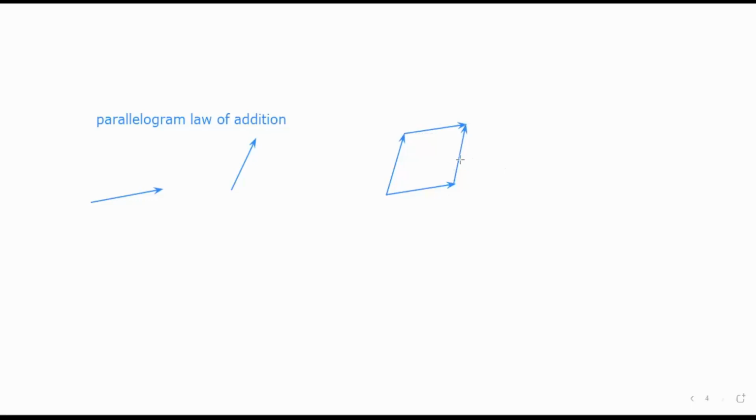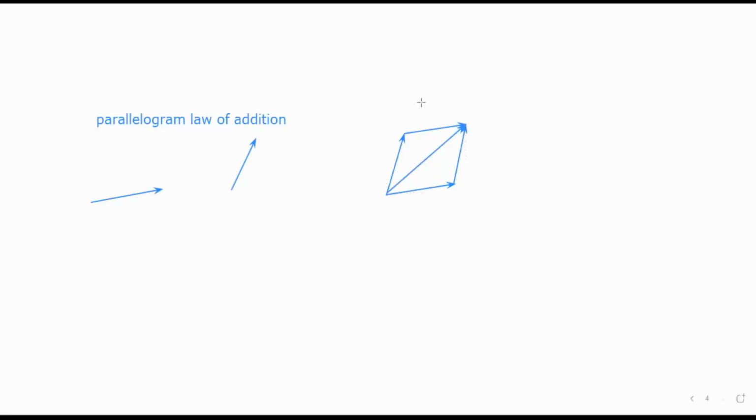You can see that this is the parallelogram we were talking about. These are the two vectors, coinciding at a point. We will join our origin and this coinciding point.